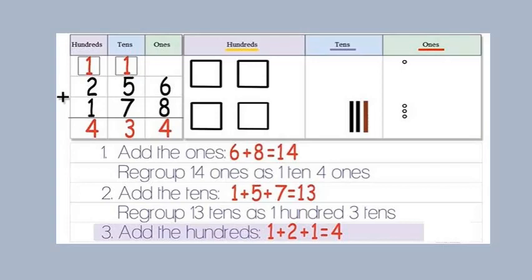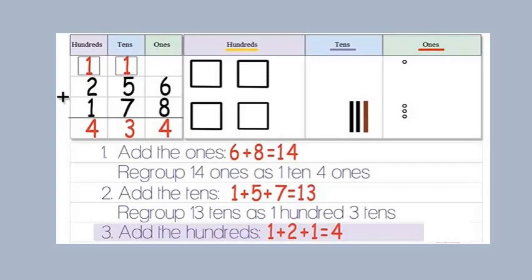14 is a two-digit number, and I cannot leave them all down in a ones place value. So I will leave the 4 and I will regroup the 1 to the tens place value. Actually, it's 10 ones, which makes 1 ten. Now I have 1 plus 5 is 6, 6 plus 7, 13.